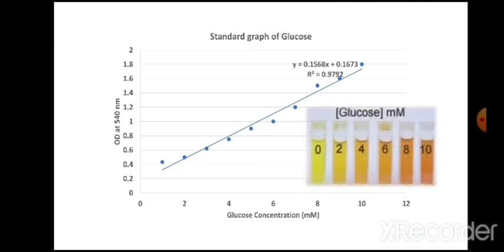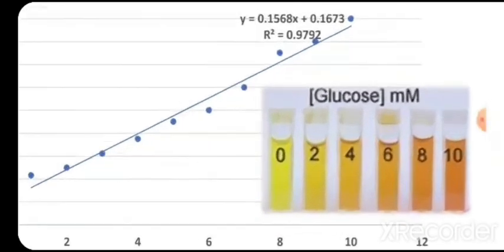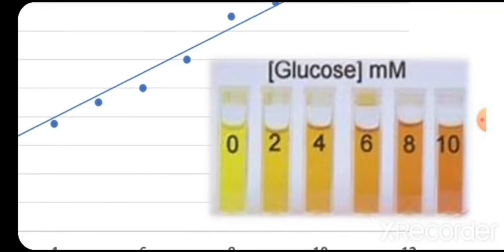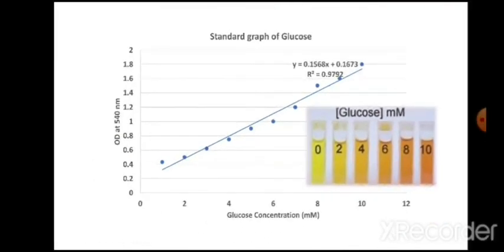You can see at the concentration 0, the color is yellow. Glucose concentration 2 millimolars, and you can see as the concentration increases, the color intensity also increases, which follows the Beer and Lambert's law.